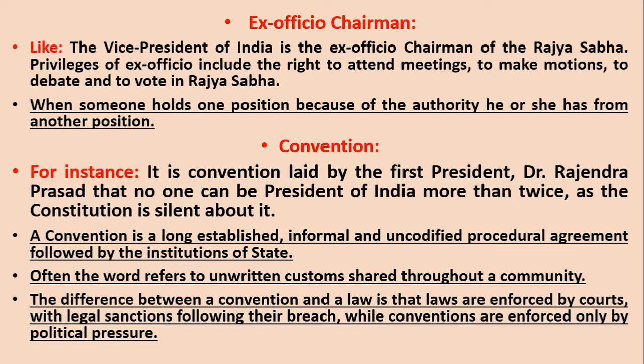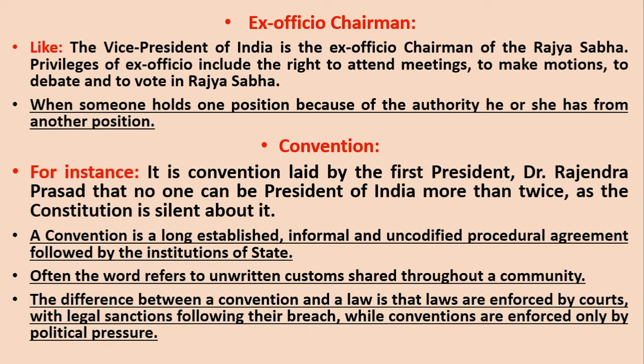Often the word refers to unwritten customs shared throughout a community. The difference between a convention and a law is that laws are enforced by courts with legal sanctions following their breach, while conventions are enforced only by political pressure. Here you must understand the difference between law and convention.